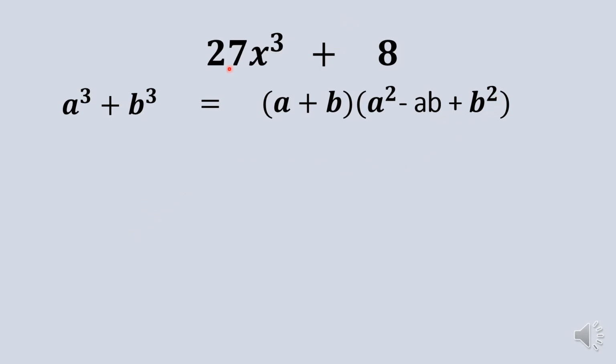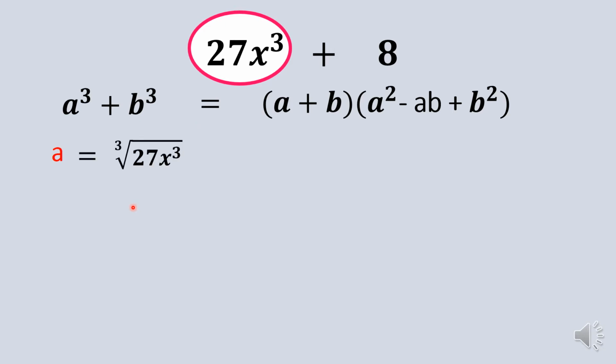Our first step is to identify our a. Our a is the first term, which is 27x cubed. So we take the cube root of 27x cubed. First, take the cube root of 27.